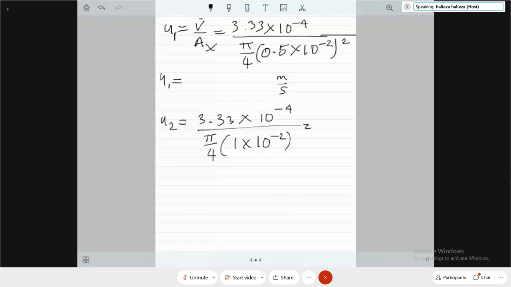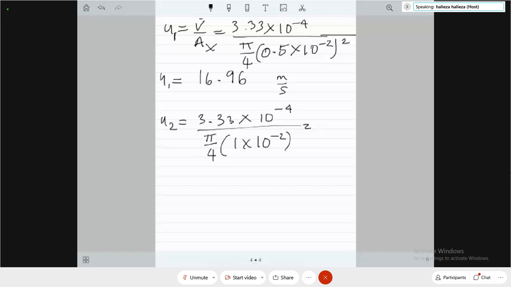Okay, so let's calculate. You check your calculation whether it's the same as mine. I managed to get 16.996 if I round it off. Did you manage to get the same, guys?